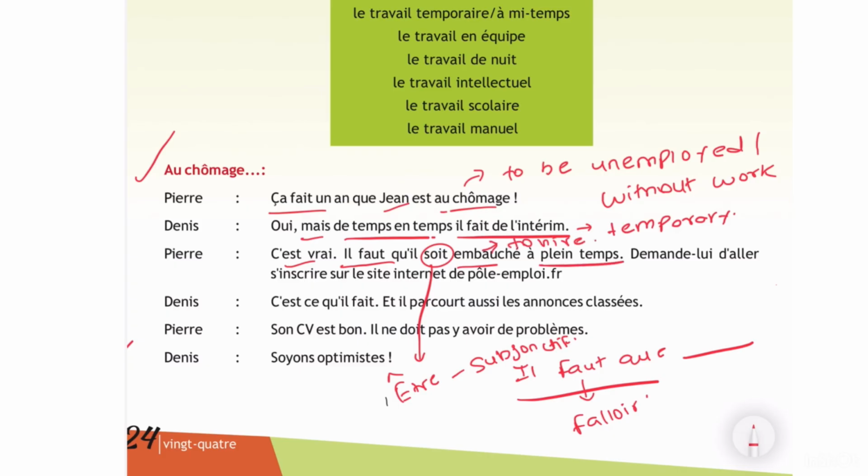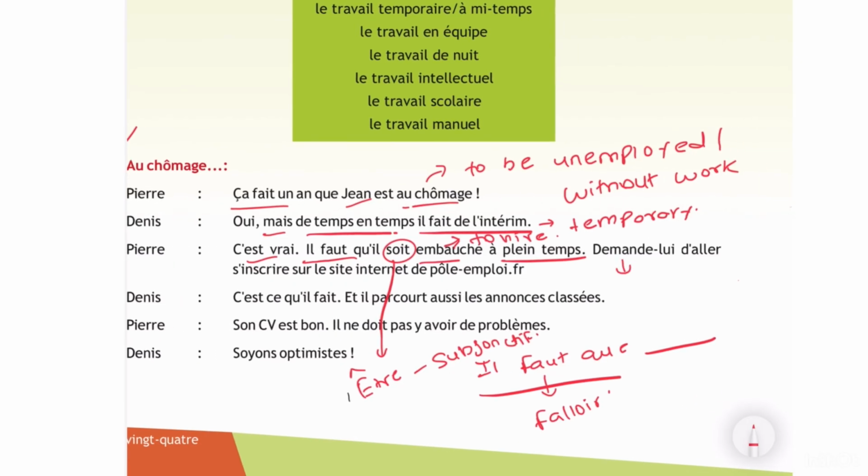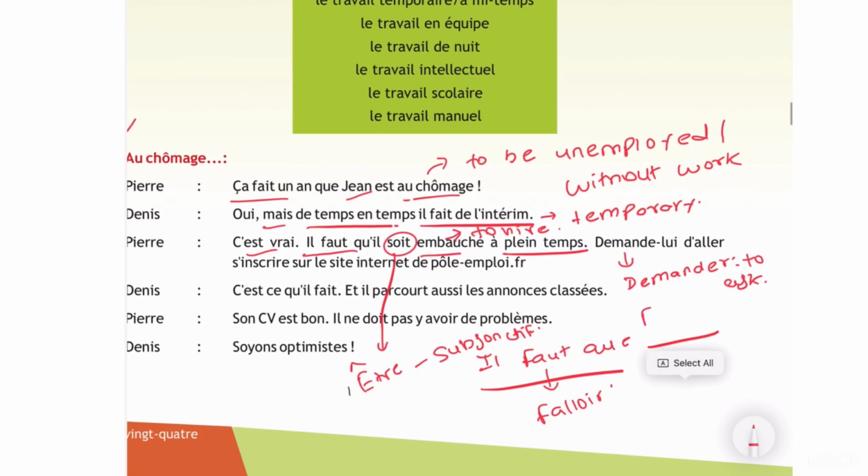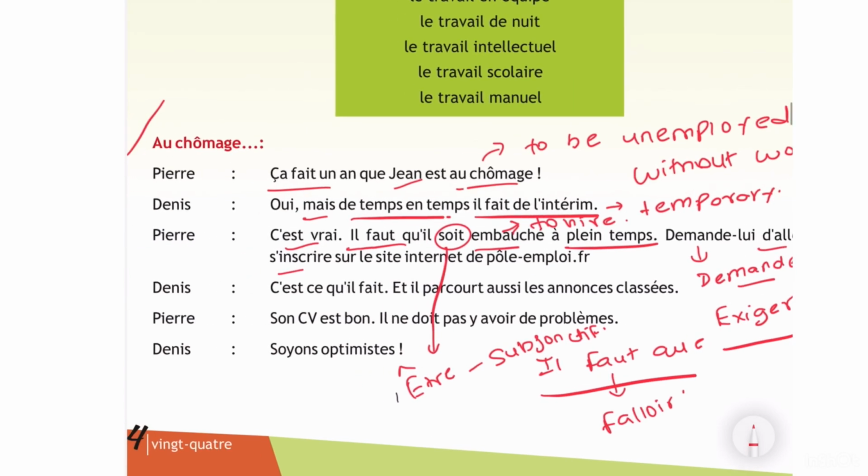Plein temps, already told you, full time. Demande-lui, that is demander, to ask. It is not to demand, it is to ask. To demand in French is your verb exiger. Demander is to ask, exiger is to demand. What is he asking him to do? To go, and s'inscrire means to register.